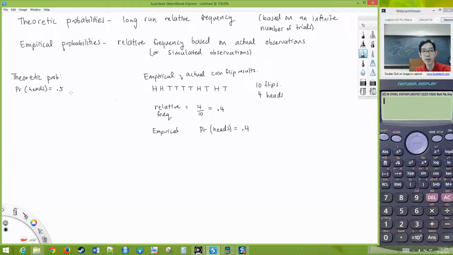The theoretic probability, on the other hand, is 0.5. And we have something called the law of large numbers, or the LLN. This states that as you do more trials, your empirical probability will approach the theoretic probability.